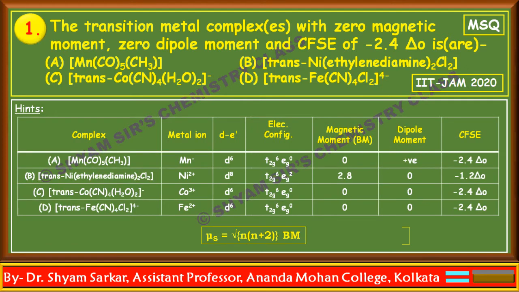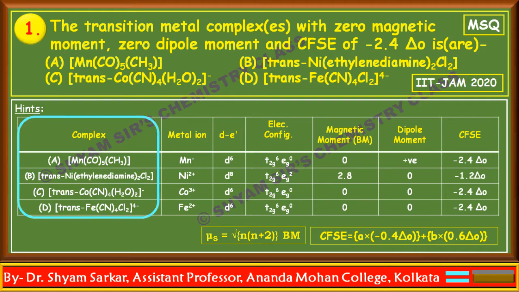See here, complexes A to D I have shown, and the corresponding metal ions. For example, for the first complex the corresponding metal ion is Mn minus, for B Ni2 plus, for C cobalt 3 plus, and for the fourth option iron 2 plus.